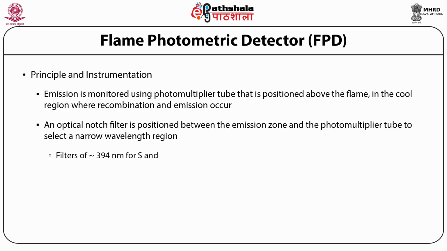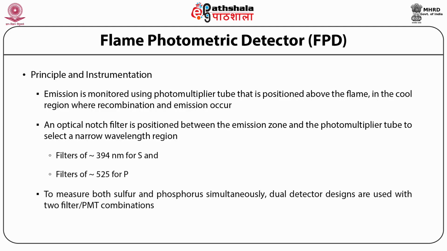Filters of around 395 nanometers for sulfur and 525 nanometers for phosphorus are typically used. To measure both sulfur and phosphorus simultaneously, dual detector designs are also used with two filter-photomultiplier tube combinations.